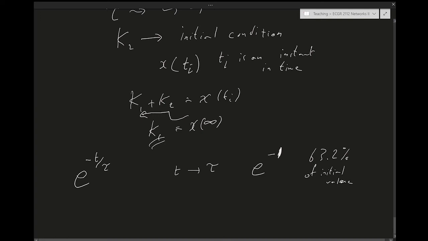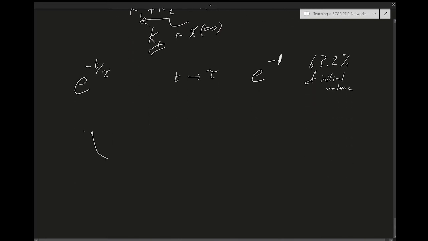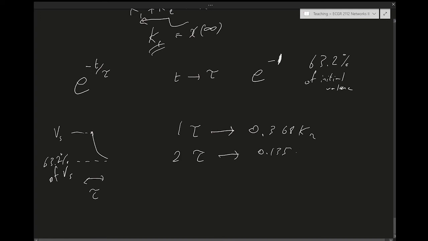So if you plot the response, you start from some value, and after tau amount of time, you reach 63.2% of the way, and so on and so forth. If you do the math, you'll find that at 1 tau, e to the minus 1 is going to be 0.368 K2. 2 tau is going to be 0.135 K2, and so on and so forth.